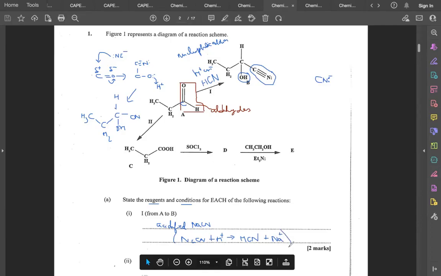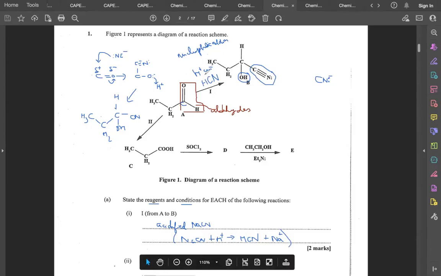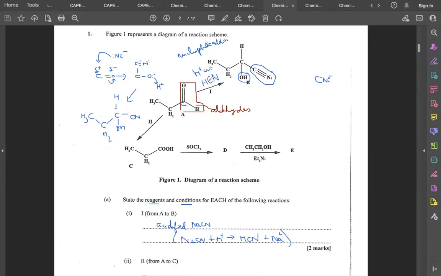Okay. So now let's go back up here to recap. This is our aldehyde. We see this functional group. It goes to this when it reacts with acidified NaCN, which yields HCN, right? And so what's happening is that the CN is acting as a nucleophile and being added nucleophilically to this carbonyl carbon.